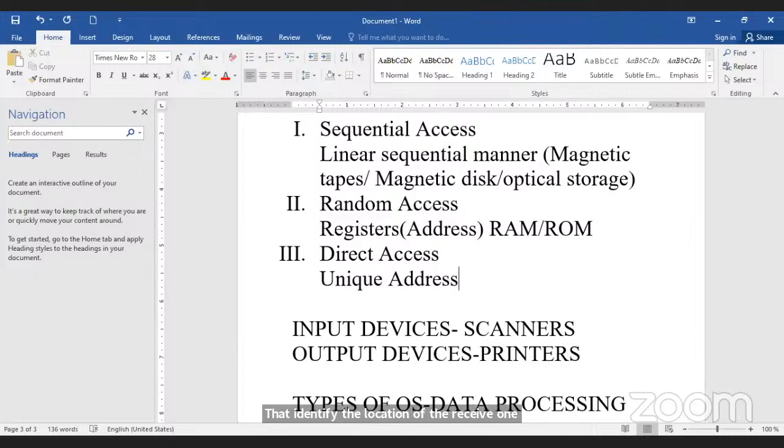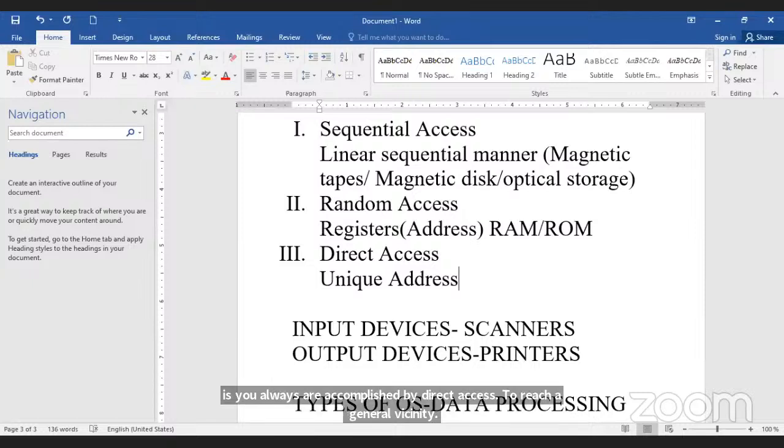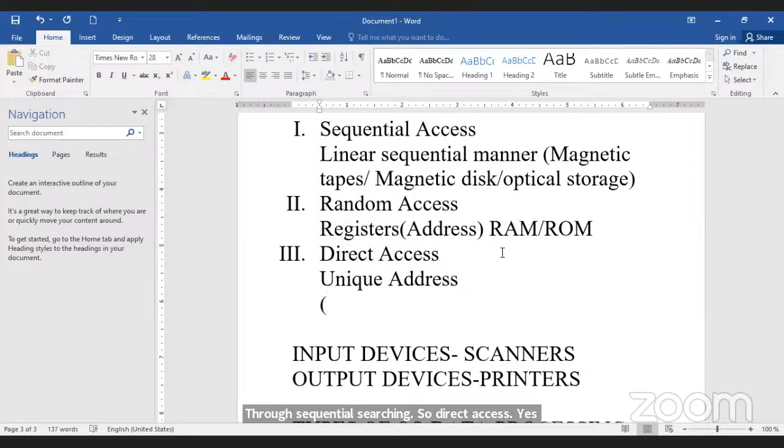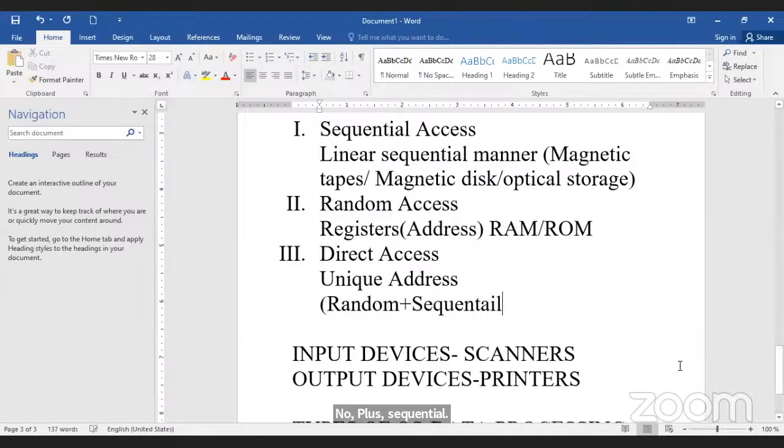So access is accomplished by direct access to reach a general vicinity, then sequential searching. So direct access is usually a combination of random plus sequential to access a particular file location.